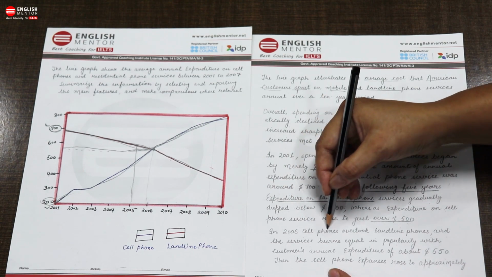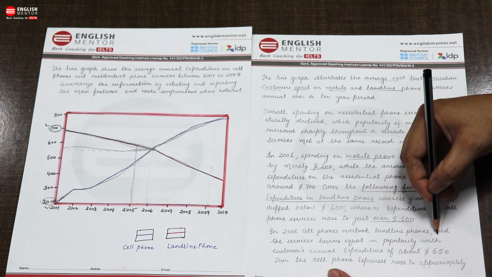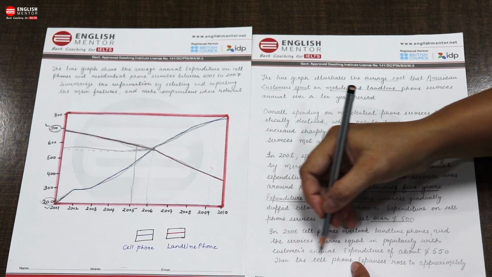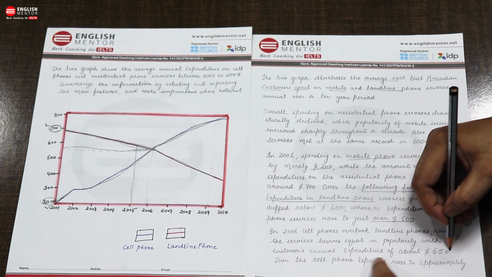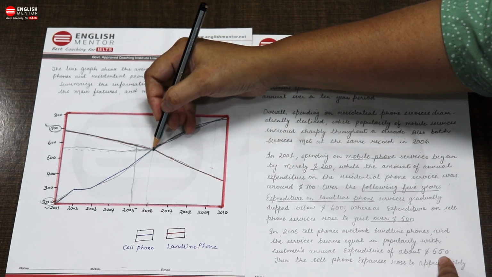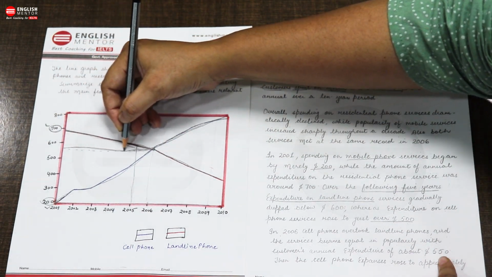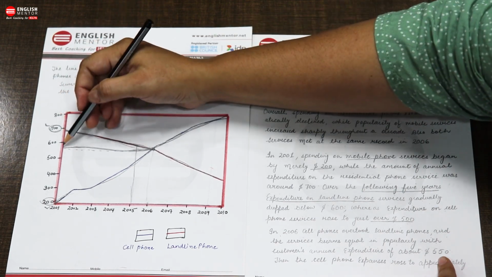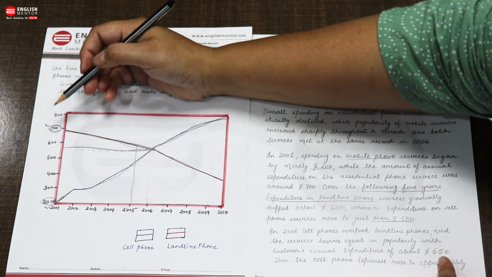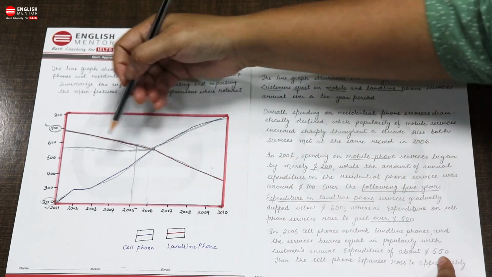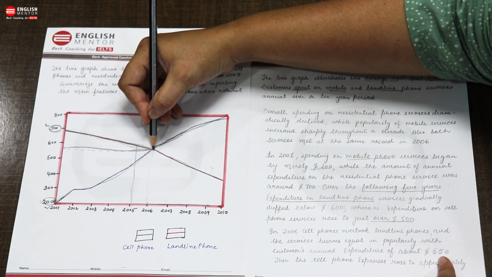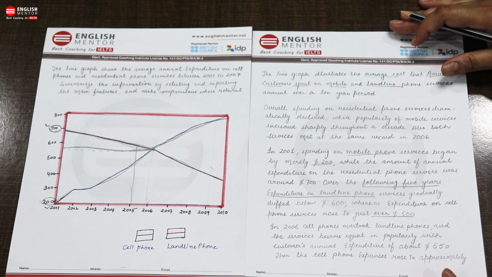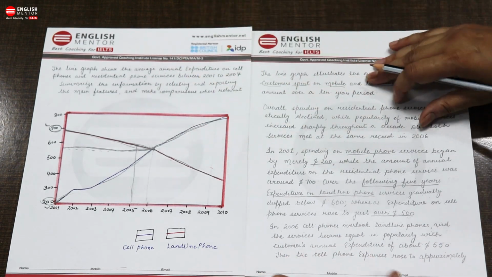In 2006, cell phones overtook landline phones and the services became equal in popularity with customers' annual expenditure. It was about $550. Both are meeting at one point. If it is becoming equal, it means the lines bisect each other at one point.